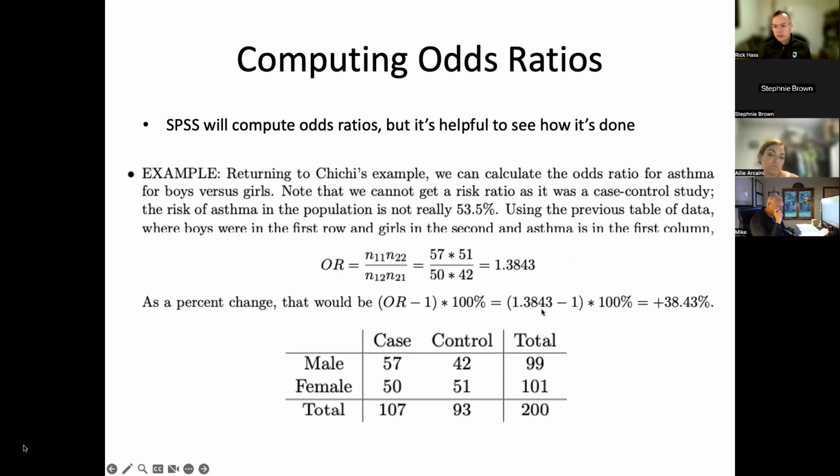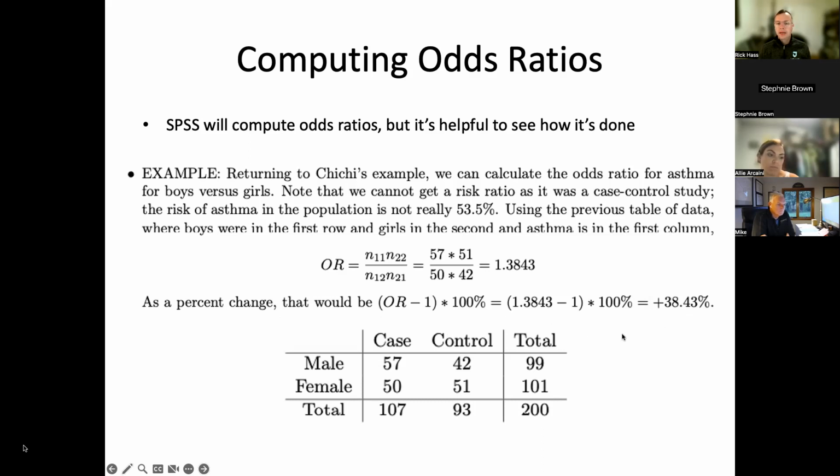To compute it, you simply take your odds ratio, subtract 1 from it, and multiply by 100%. If you do this often, you'll figure out a heuristic for doing this in your head. Here I'm just dropping the 1 and moving the decimal point over 2 places to get 38.43%. If we have an odds ratio that's less than 1, it's a little different. We'll see it on the next slide. How would I describe this?